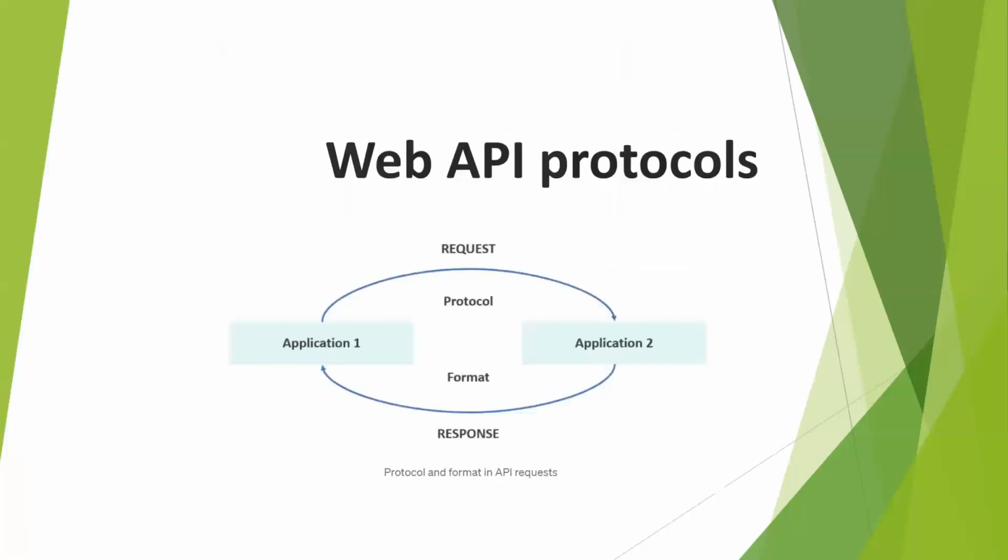So here, as I said, for any communication there would be some protocol, there would be some format. If you talk about protocols, there are so many protocols. One of the most popular protocols is HTTPS. If you want to provide some data from application 1 to application 2, there should be some protocol. So in an API, if you're using HTTPS, it will use that protocol, and the application will provide you some data.